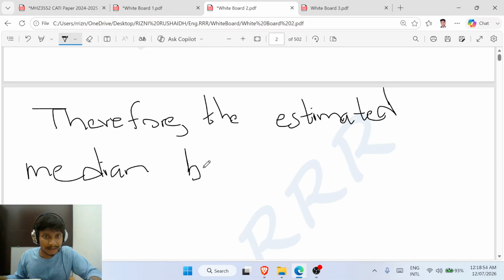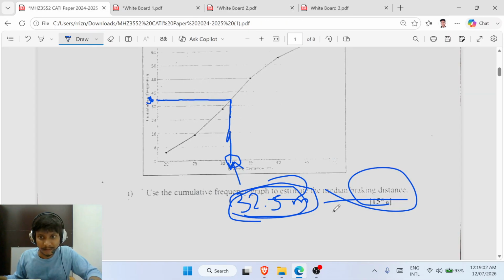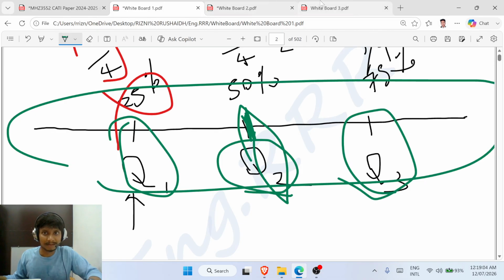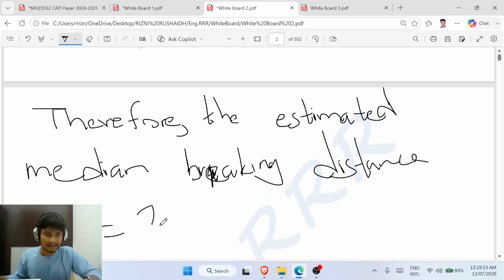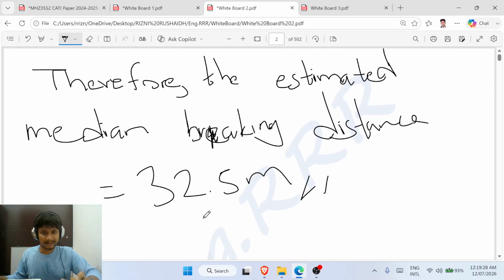Braking is spelled B-R-A-K-I-N-G, there is no E. Therefore, the estimated median braking distance is equal to 32.5 meter approximately. Your estimation may be 31.7, like that.